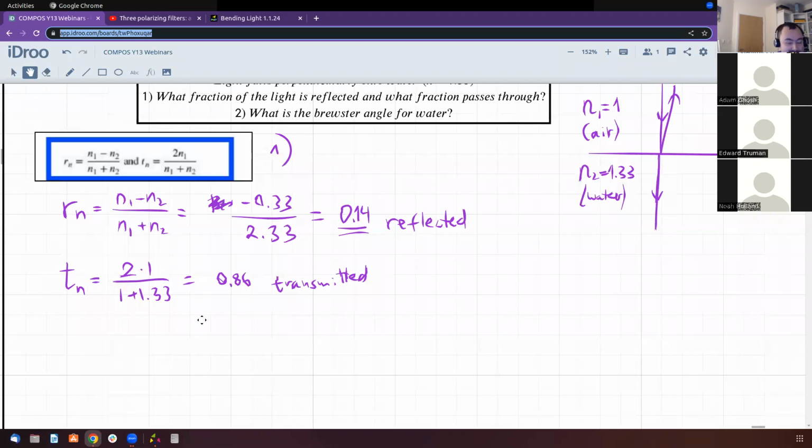So yes, this is the amplitude that is transmitted and the amplitude that is reflected.